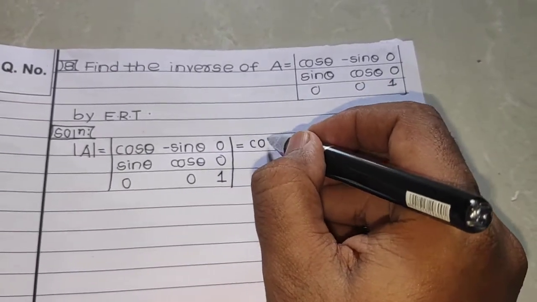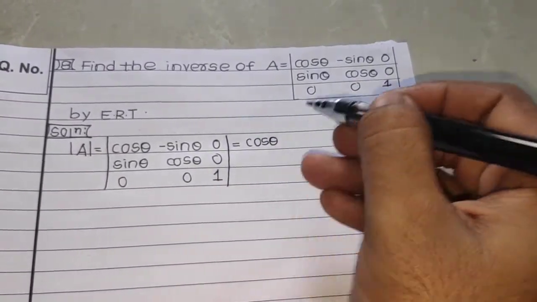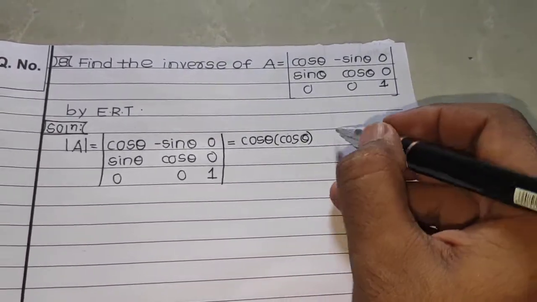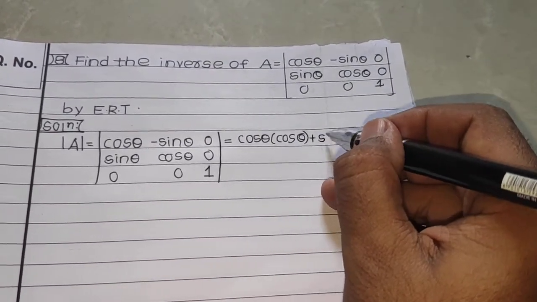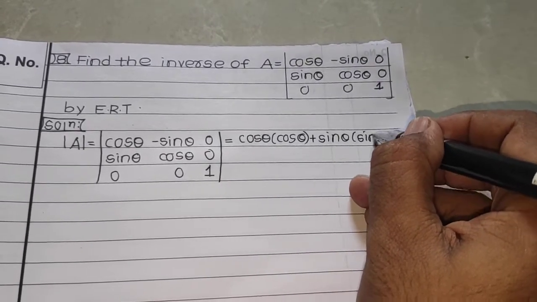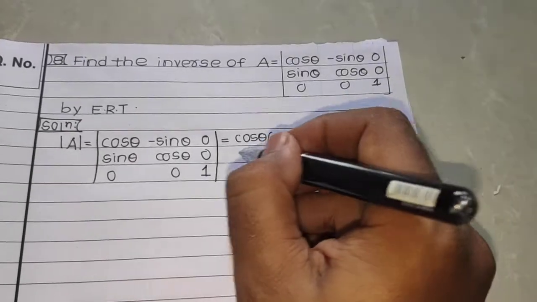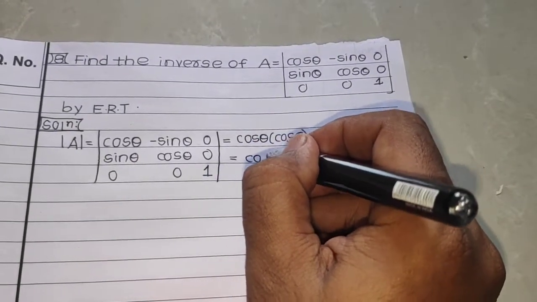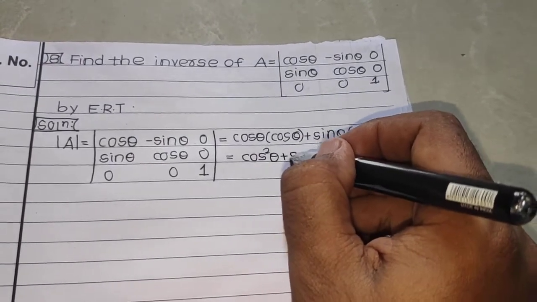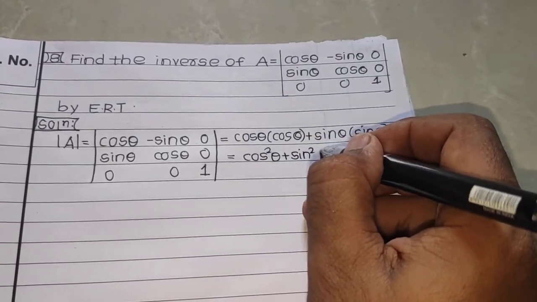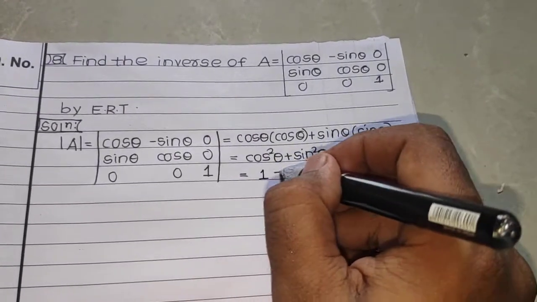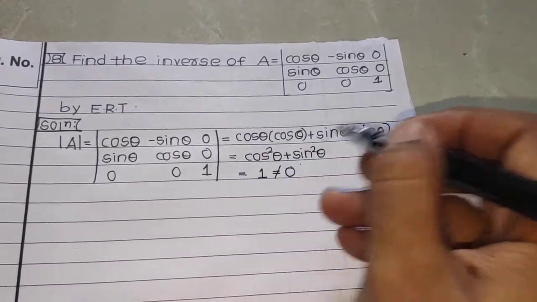If I solve, I get cos theta into cos theta plus sin theta into sin theta, and we get cos square theta plus sin square theta, which is equal to 1, and that is not equal to 0.